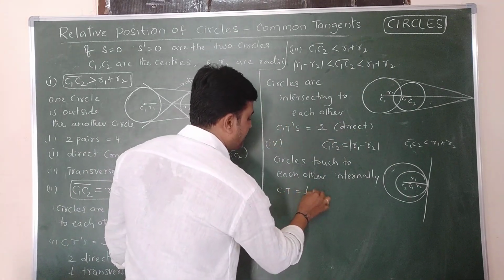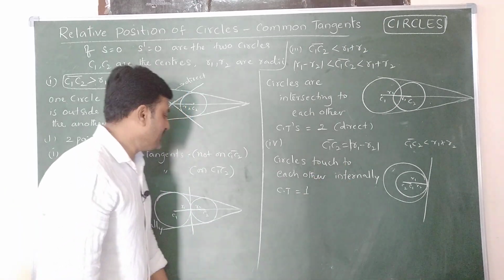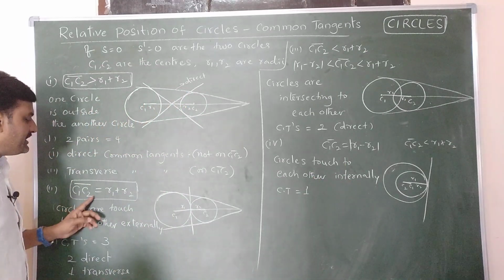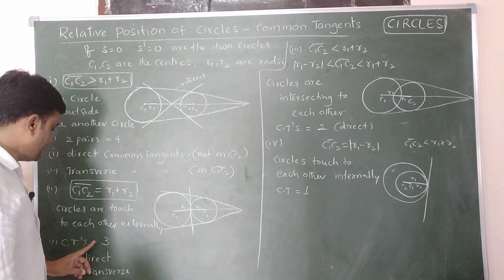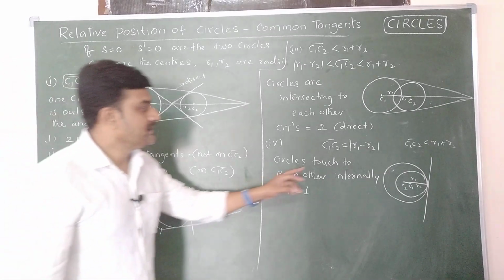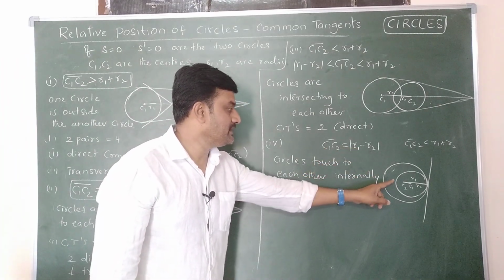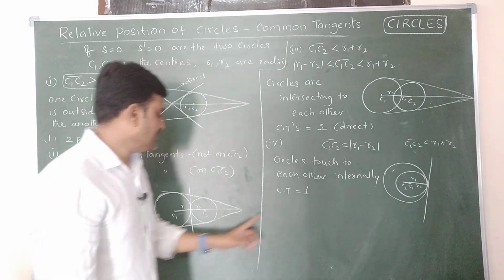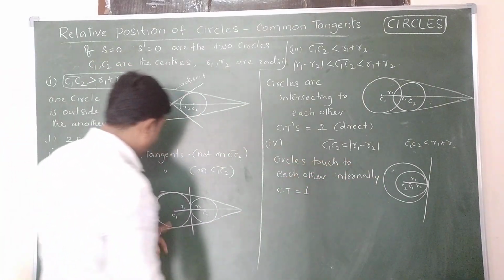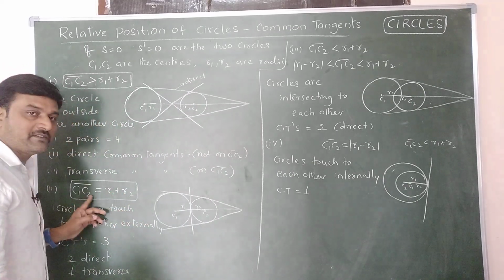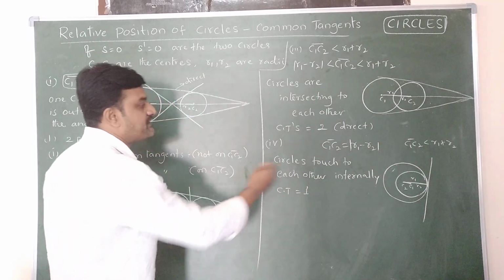If C1C2 equals the sum, we have three common tangents; if C1C2 equals the difference, we have only one common tangent. Here also the circles touch each other, but in one case it equals the sum, and here the difference.